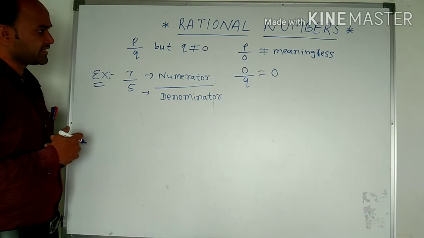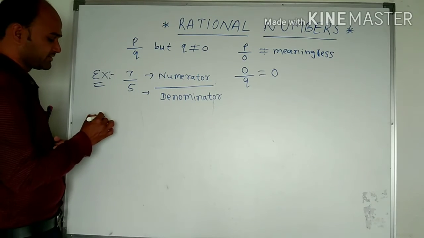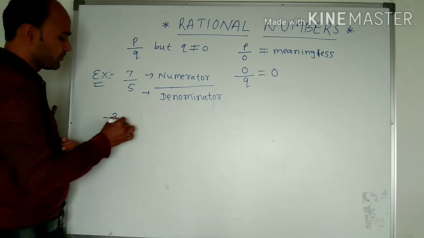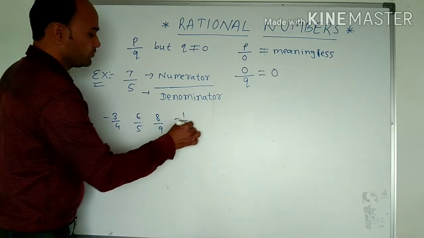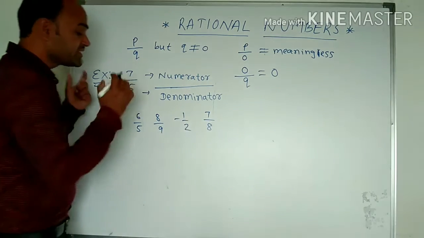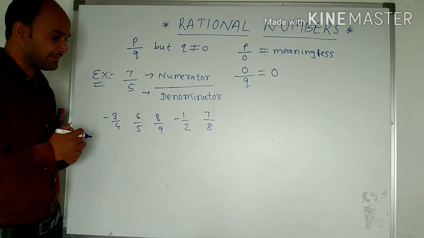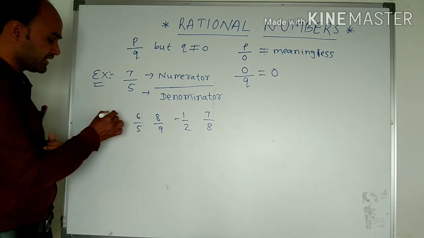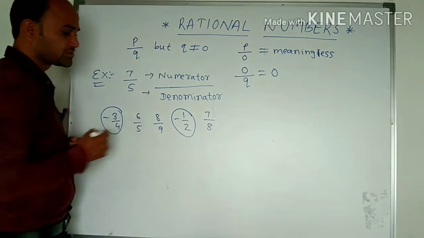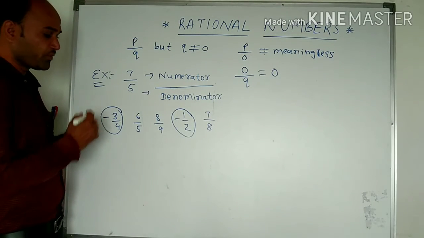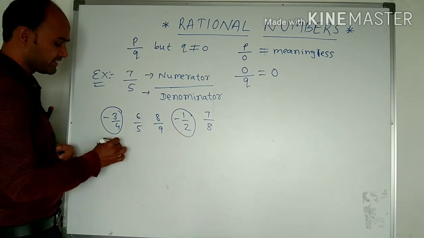Next, I am going to write a few examples of rational numbers: minus 3 upon 4, 6 upon 5, 8 upon 9, minus 1 upon 2, 7 upon 8. Among them, two rational numbers have a minus sign, so we call them negative rational numbers.